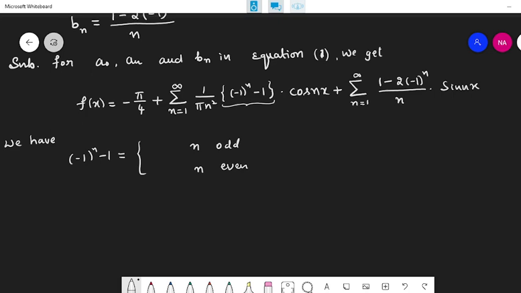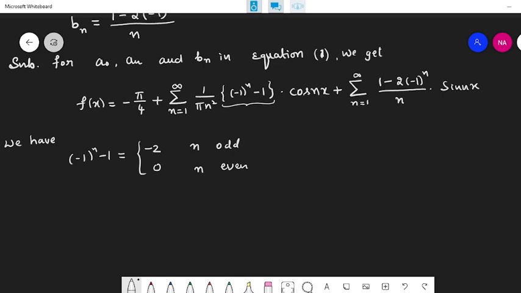When n is odd, minus 1 power n is minus 1. So minus 1 minus 1 you get minus 2. So when n is odd, minus 1 power n minus 1 is minus 2. When n is even, minus 1 power n minus 1 will be 1 minus 1, that will be 0.